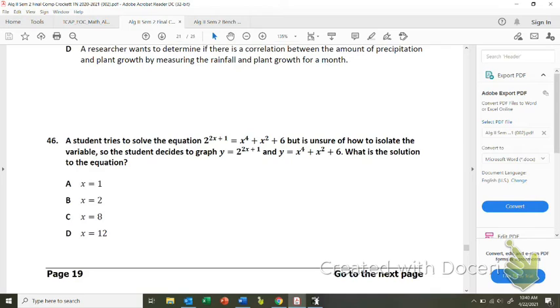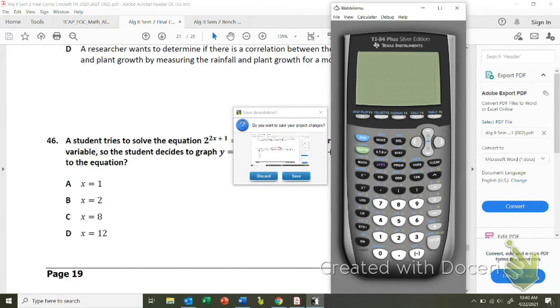All right, 46. If you notice that these two equations are set equal to each other, okay? So we are basically finding the solution to the equation, which is where they are going to intersect. So here we're going to graph both functions.